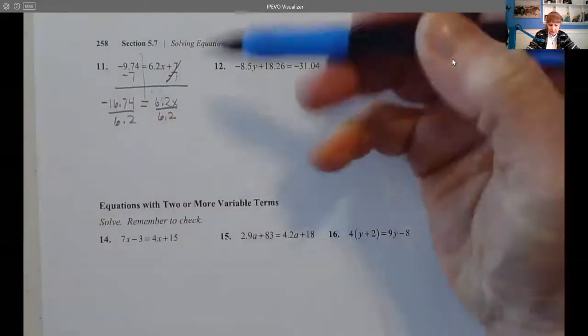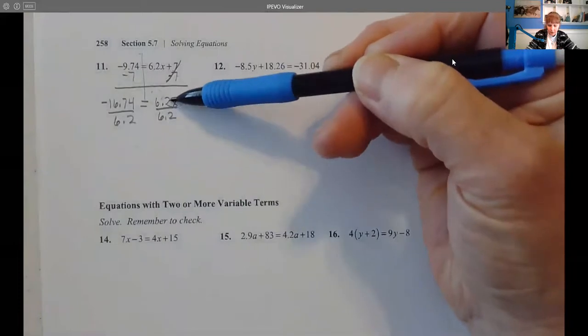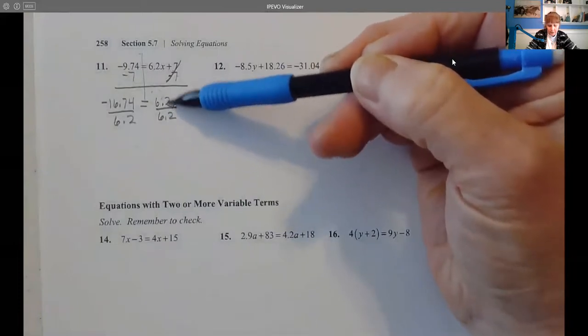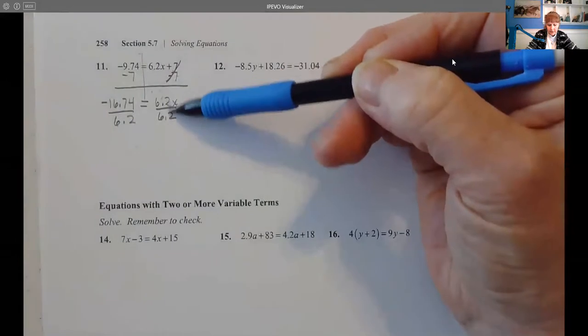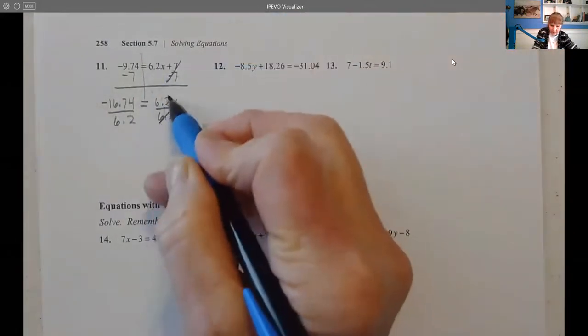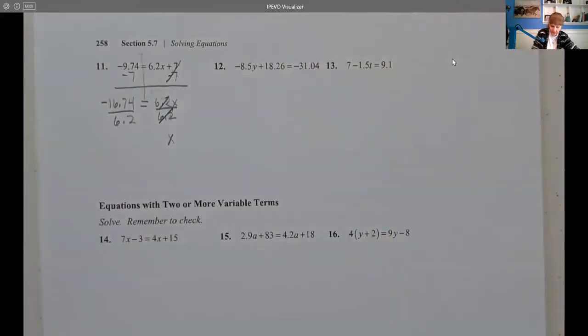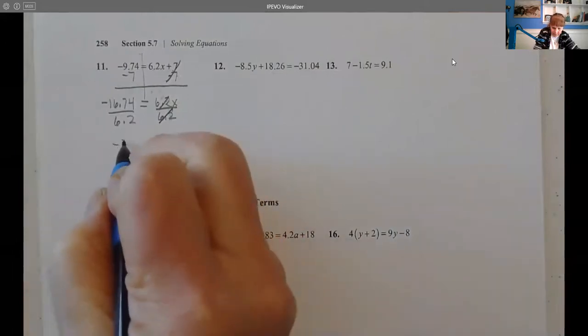But notice I'm not dividing by the opposite, because if I did, I would have a negative 1. I want a positive 1. So when you're doing this last step, the signs always match, positive, positive, because a positive divided by a positive is a positive 1. So I'm going to use my calculator, negative 16.74 divided by 6.2, a negative 2.7.